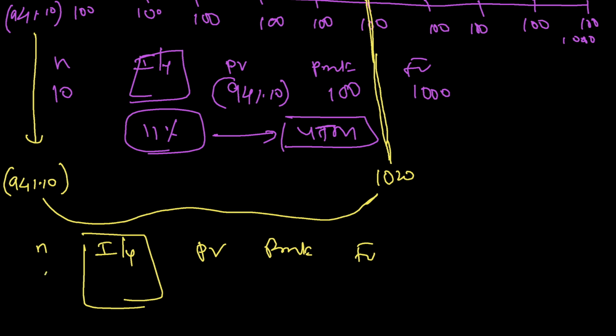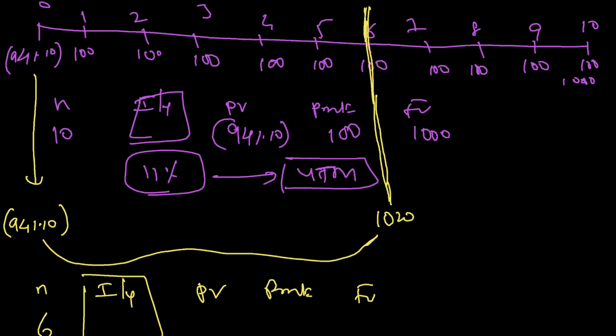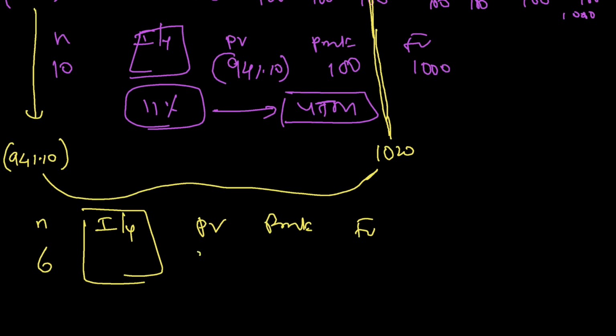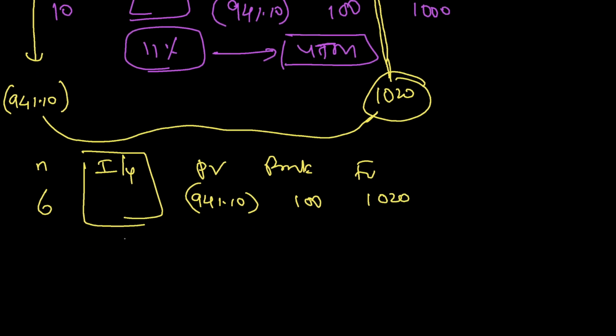So N will be now 6, because I am going to assume as if this bond is only for 6 years, because on or after 6 years it is callable. Then present value is 941.10 in minus, payment is 100, future value, remember this is 1020, it will be called back at 1020.